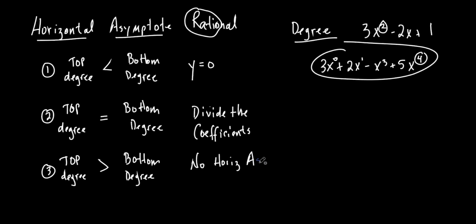It doesn't exist. So it's a graph that does not have a horizontal asymptote. You just keep the vertical one. You'd find the vertical if it has a vertical, and you would just say it has no horizontal asymptote. Everybody with me on that?